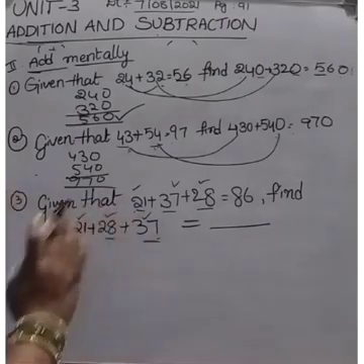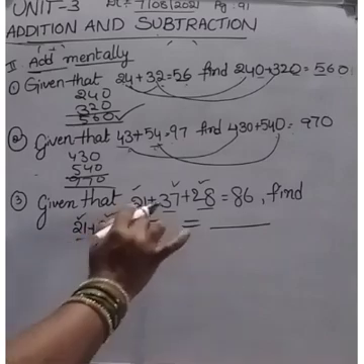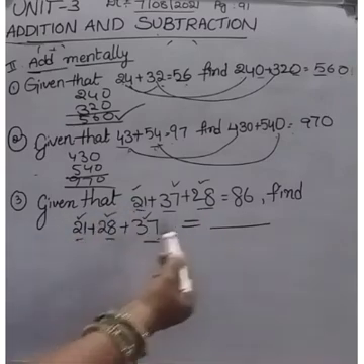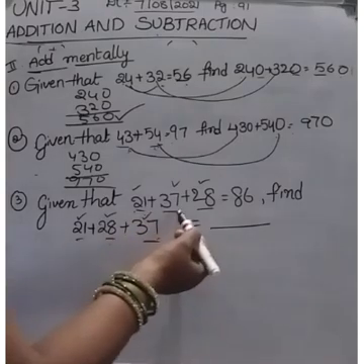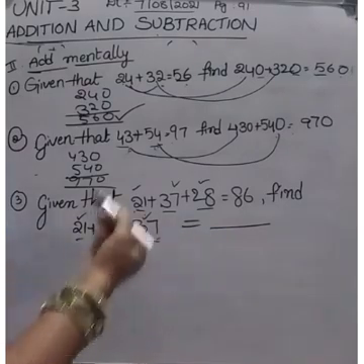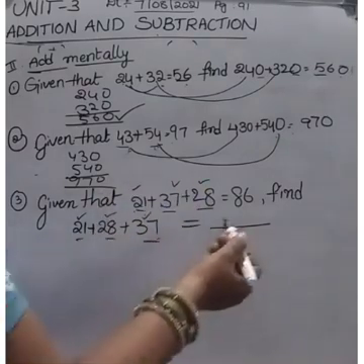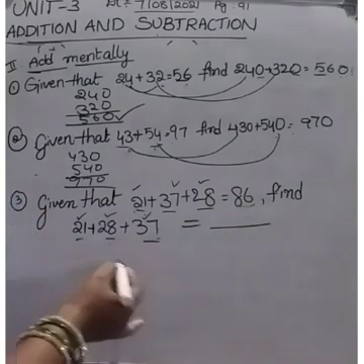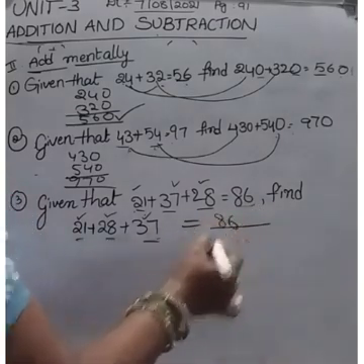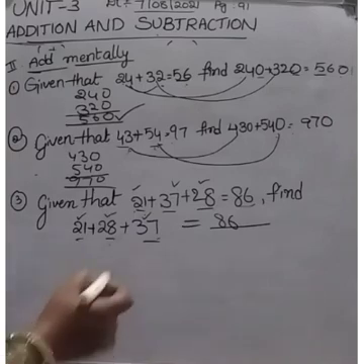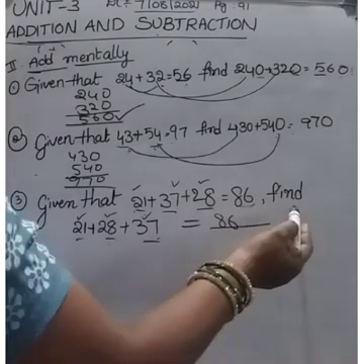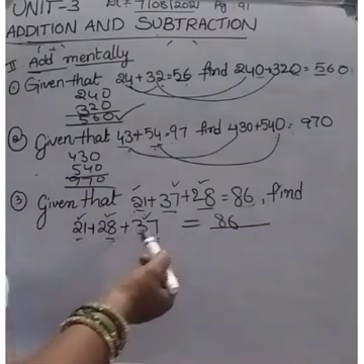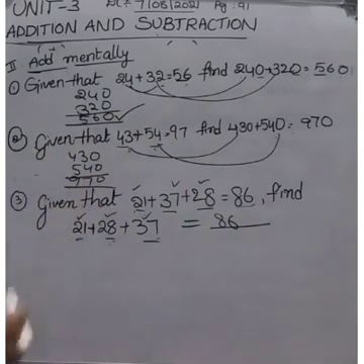Only the places have changed. The 3 numbers are the same but only the places have changed. So what total do we get here? Here also we get that same total. Given that 21 plus 37 plus 28 equal to 86, 21 plus 28 plus 37 equals 86.